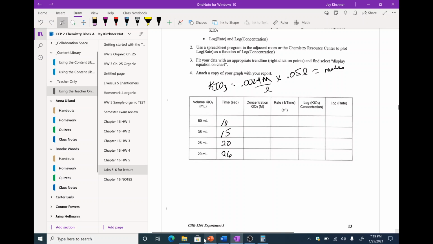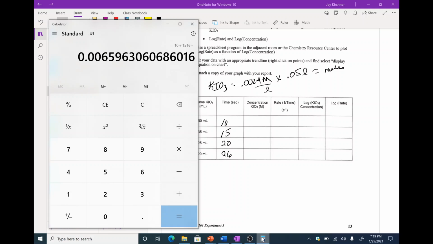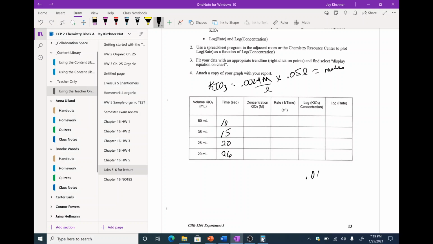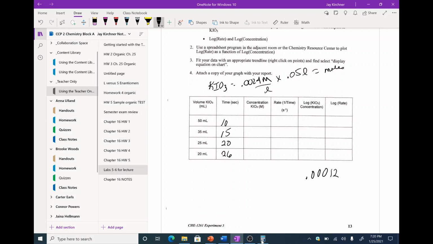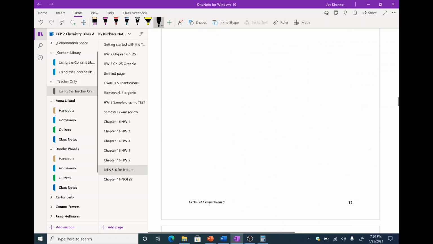So let's do that real quick. So here we go. 0.0024 times 0.05 equals. So we got 0.000. Whoops, sorry. Let me make sure I got the right number of zeros. Yep, 12 moles.